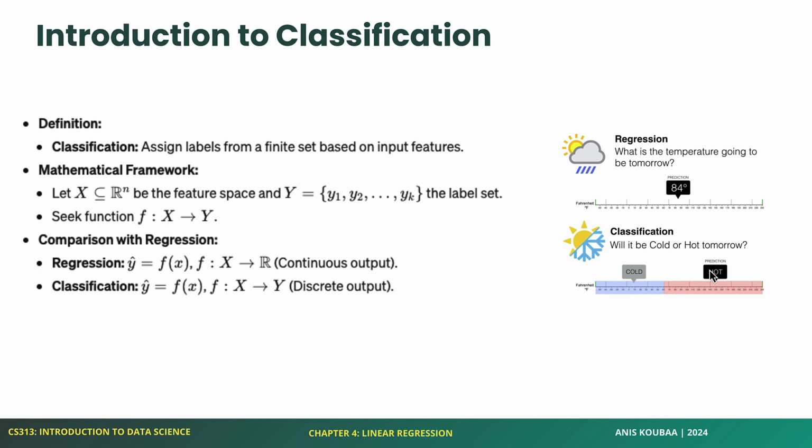This is very simple: we have a binary classification, so we have two possible outcomes. Here we have numerical output, and here we have categorical output, and this is why the output will be a finite number of possible labels or possible outcomes.